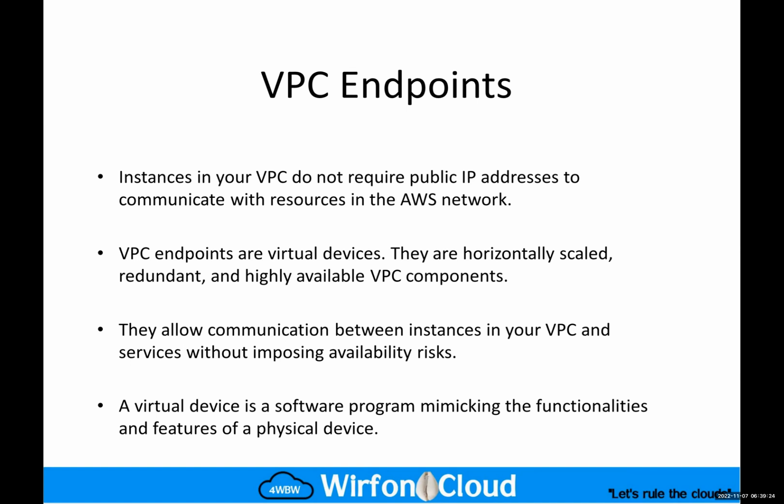They are highly available, so they can be relied upon to always be there. AWS guarantees this high availability. So if you're going to connect several instances to your S3 bucket through a VPC endpoint, you don't have to worry about bottlenecks.